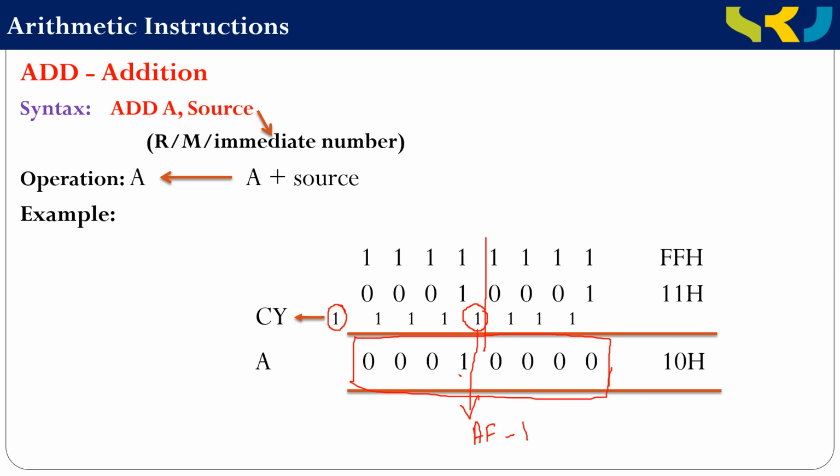If the number of ones in the accumulator is an odd number, then the parity flag will be set to 1. Why? Because the 8051 microcontroller follows the odd parity. So here the result contains an odd number of ones.